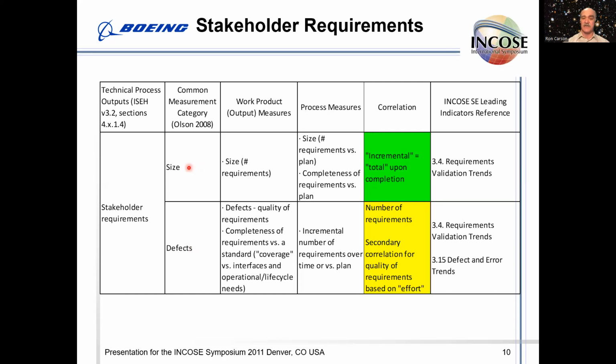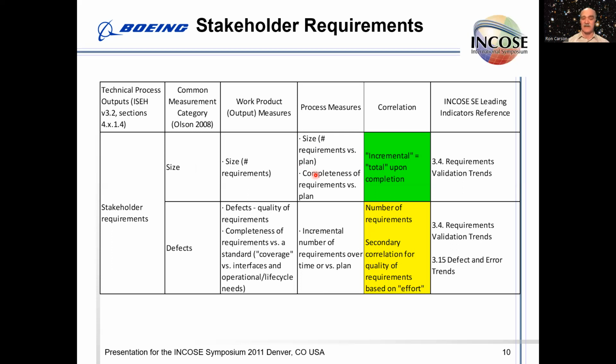In general, you'll see that the size product measures can easily correlate with the process measures, because the process measures are just how many do you have versus time. And as long as you have an incremental plan, you can easily measure your process and get a correlation to your expected total outcome.